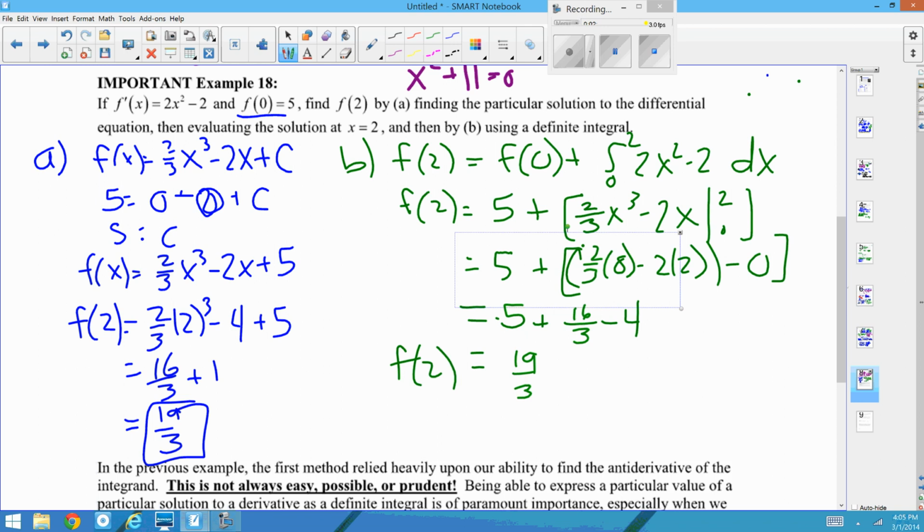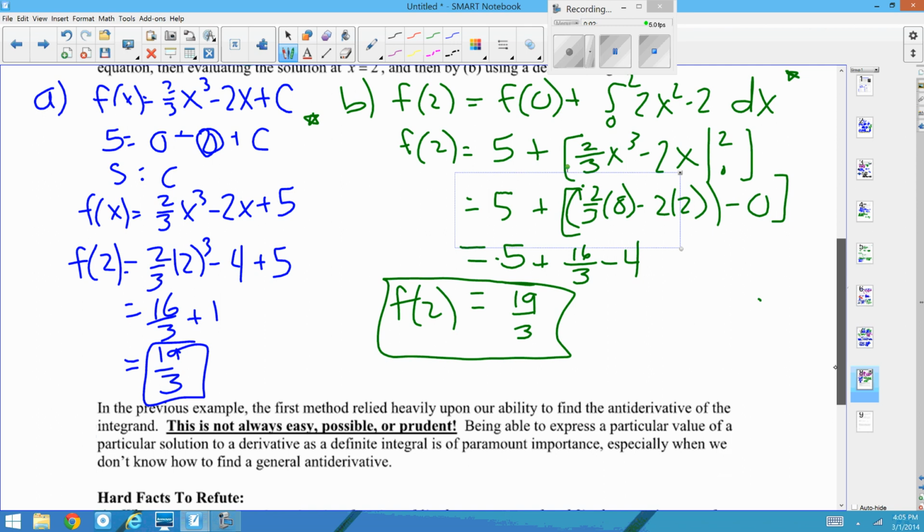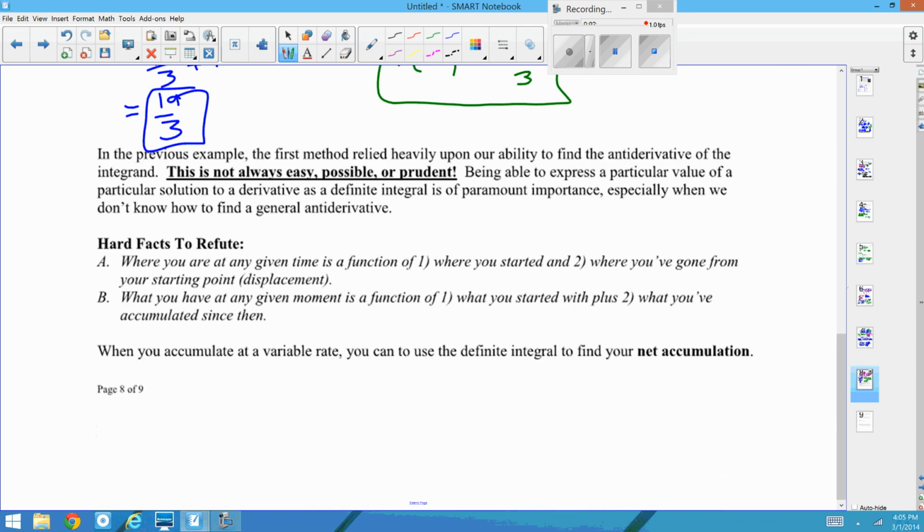All right, so again, this is important because we didn't necessarily need to find the antiderivative. We could have used a calculator from here. Okay, we couldn't use a calculator for this part because our calculator won't put plus c and then plug in a value. So this is a very important differentiation there. So this is basically what I was explaining here.